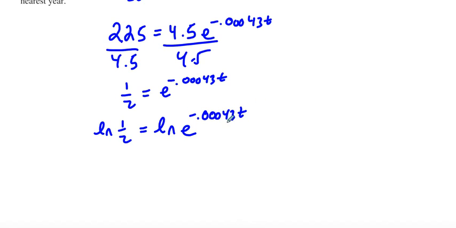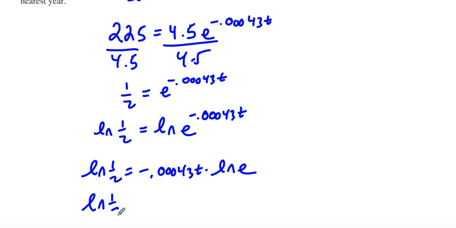According to our power rule, the exponent can come down in front. So the ln of one half is equal to negative 0.00043t times ln of e, and we like ln of e because that's just 1. So we're left with ln of one half equals negative 0.00043t.